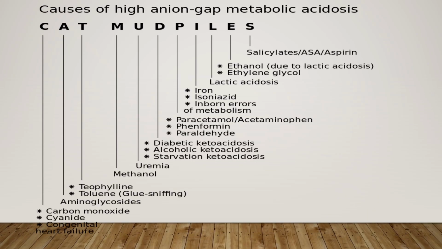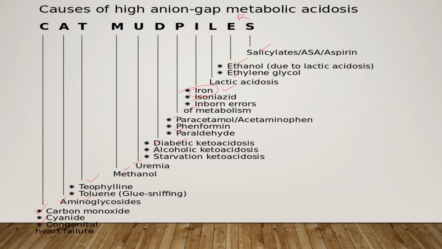There's also one more mnemonic, CAT MUDPILES. C for carbon monoxide, cyanide, congenital heart failure, A for aminoglycosides, T for theophylline, toluene, M for methanol, U for uremia, D for diabetic ketoacidosis, all the ketoacidosis come here, starvation, alcohol, P for paracetamol poisoning, phenformin, paraldehyde, and I for iron, isoniazid, inborn errors of metabolism, L for lactic acidosis, E for ethanol, ethylene glycol, and S for salicylates.